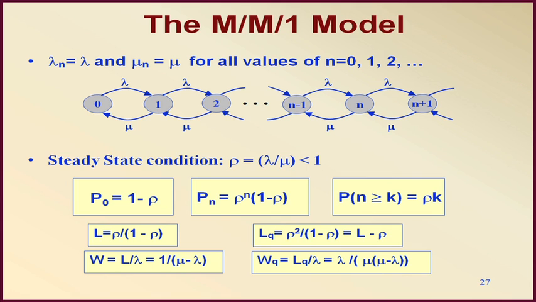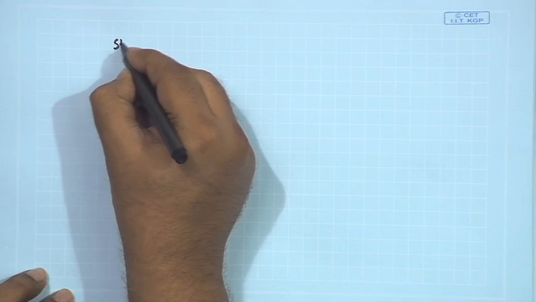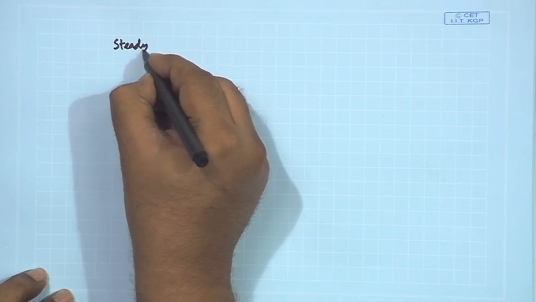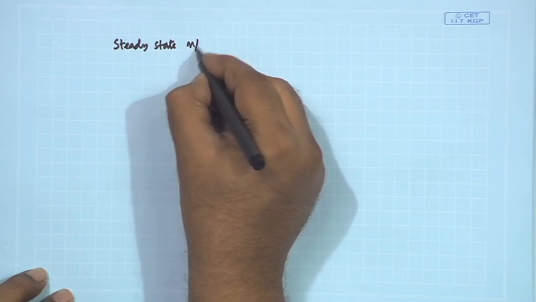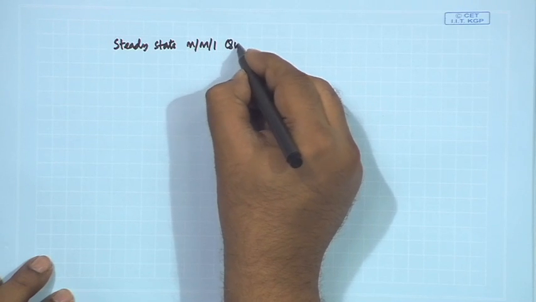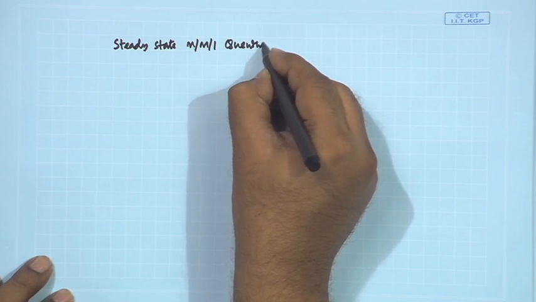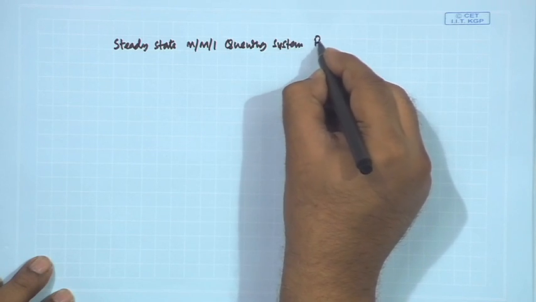Now, under steady state conditions, we had got certain relationships, and these relationships are very important. So, let us write them down: steady state MM1 queuing system findings.